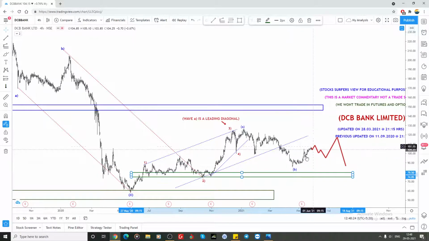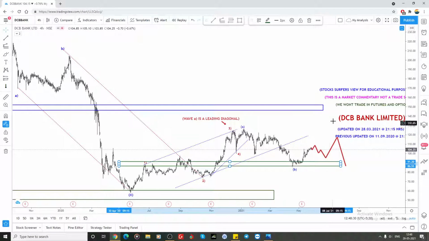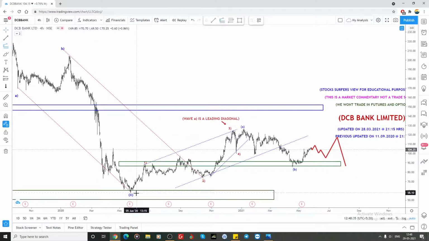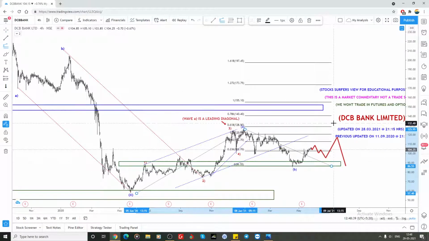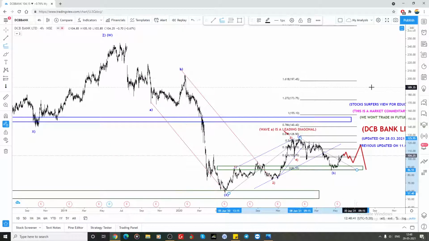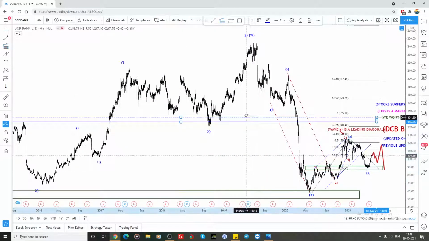But here the structure needs WXY and then ABC for the Y wave. Otherwise if it is the end, it can shoot from here itself for the C wave. So if it is a C wave, for example, I'm expecting this is the end, meaning nearly it will shoot to this zone. Don't treat this as a support.